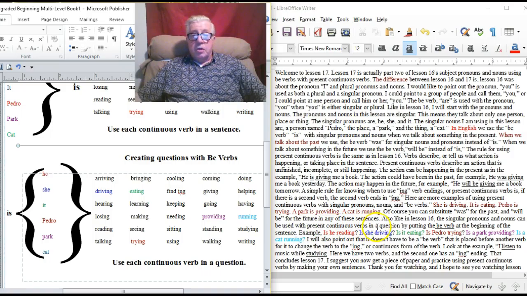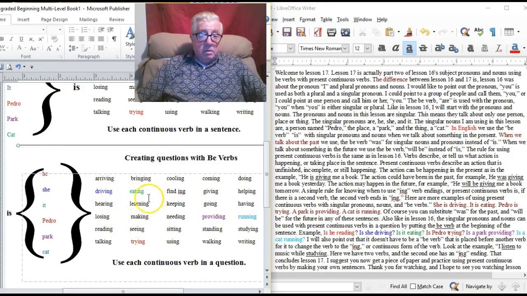Also, like in lesson 16, the singular pronouns and nouns can be used with present continuous verbs in a question by putting the be verb at the beginning of the sentence. Example, is he reading? Is she driving?